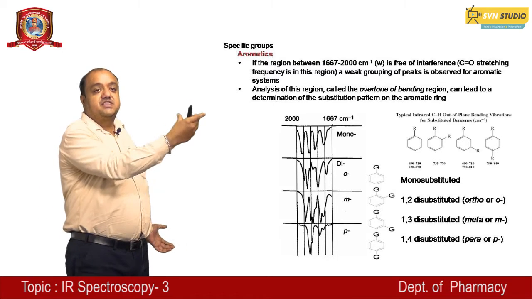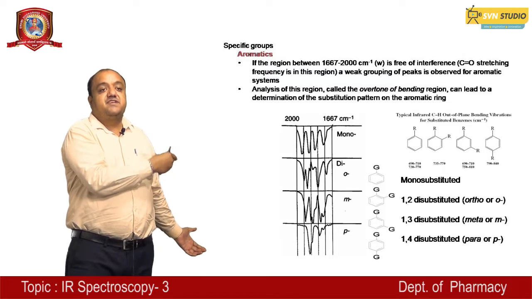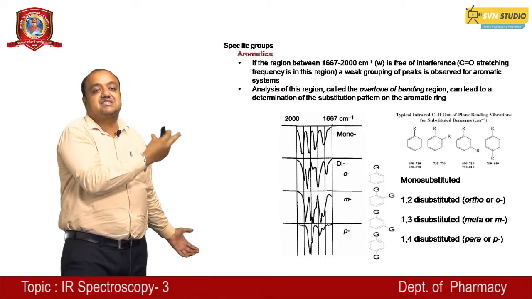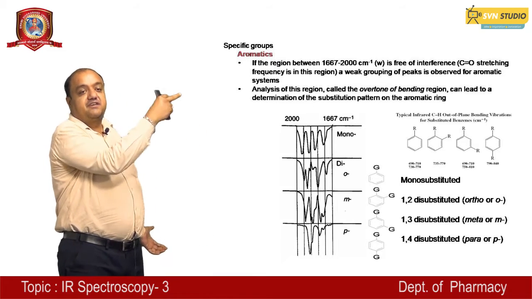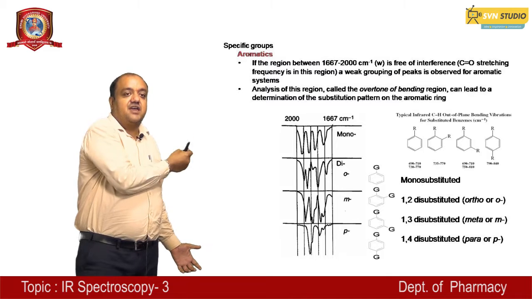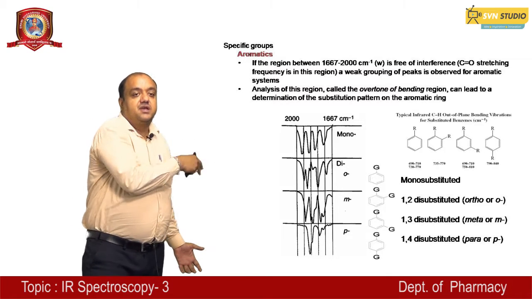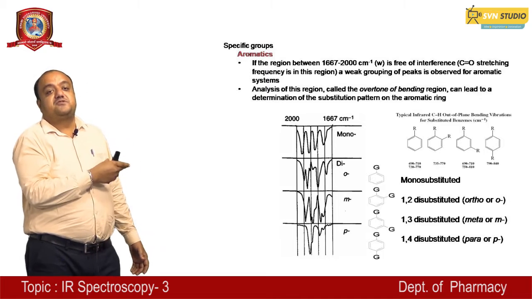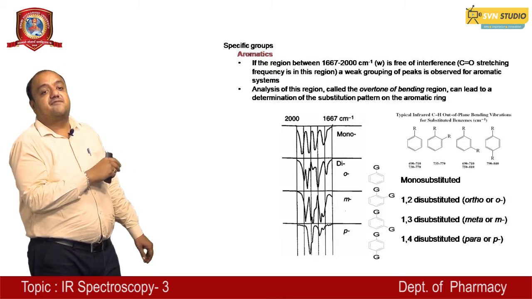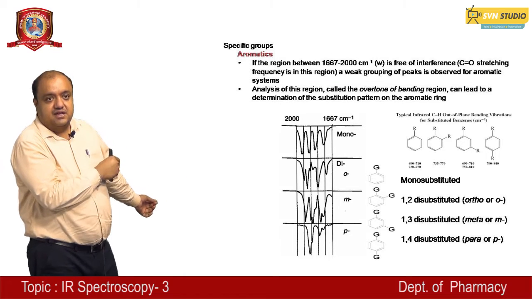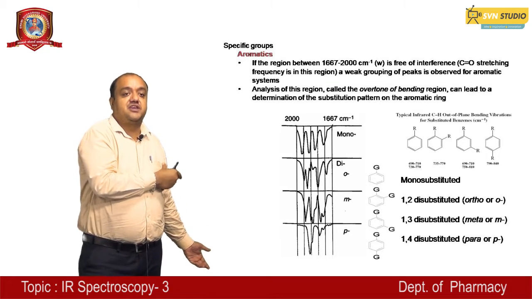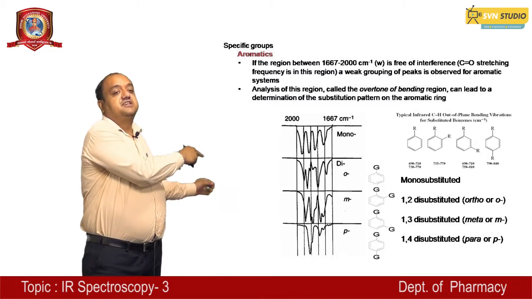First one shows the mono substituted benzene, and it gives this type of spectra. Another example is 1,2 disubstituted, ortho group, which gives this type of spectra and peaks. Next example is 1,3 disubstituted or meta substituted aromatic compound, which shows this type of peak. And the last one is para, 1,4 disubstituted benzene or aromatic compound, which shows this type of peak.